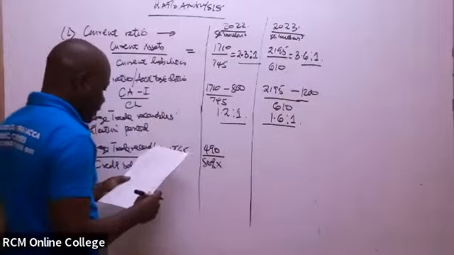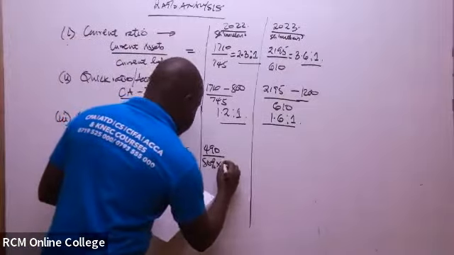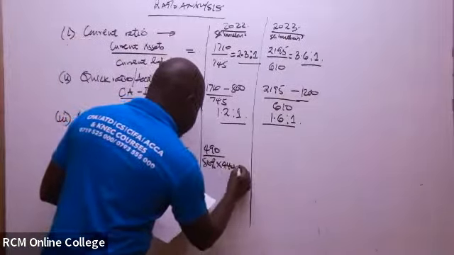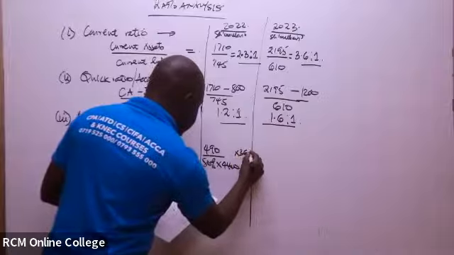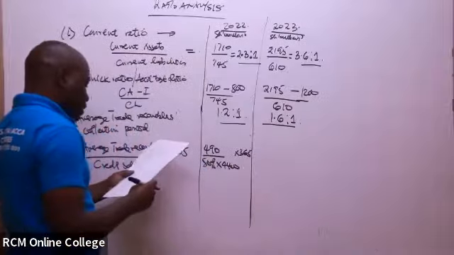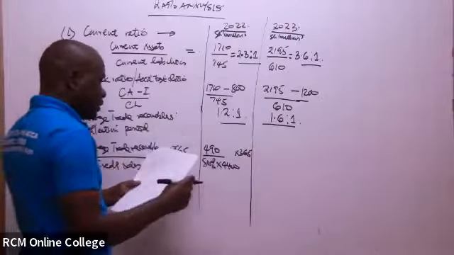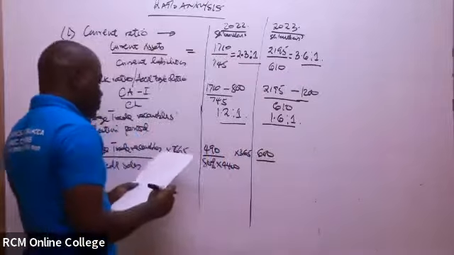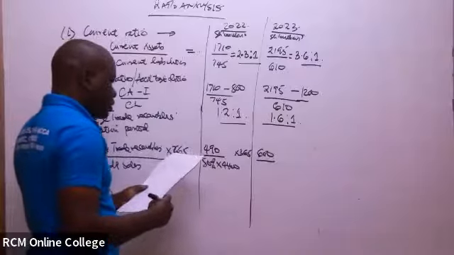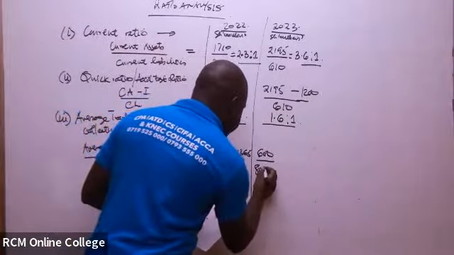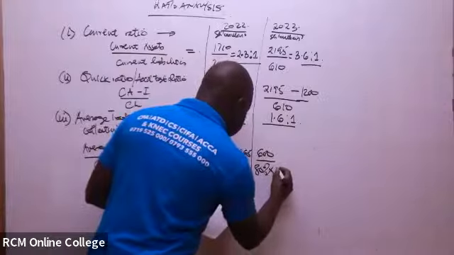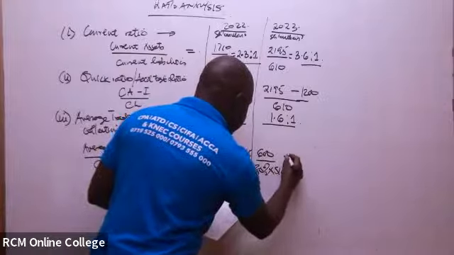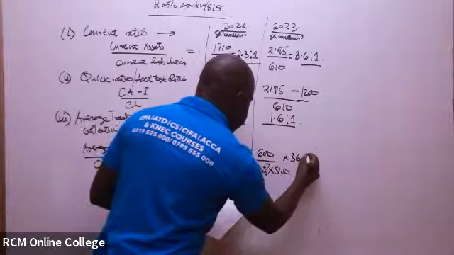So you take 80% of 4,400, then multiply by 365. Then for this other one, the trade receivables is 600. We divide by the credit sales, which will be 80% multiplied by 5,100, and you multiply by 365.